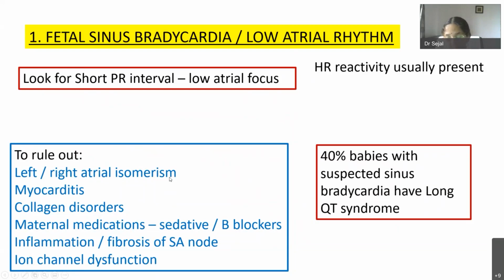Sometimes you might have an IVC interruption or a PAPVC-like picture, which could point towards left-sided isomerism. Then you know that this brady could be part and parcel of the whole picture there.